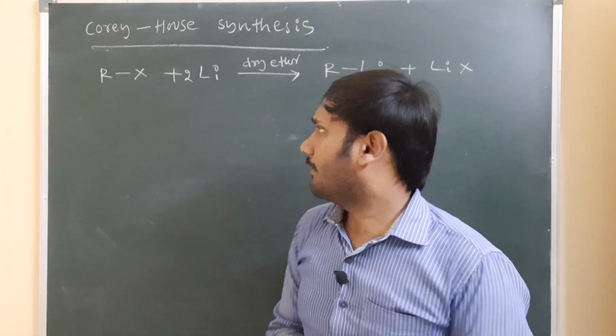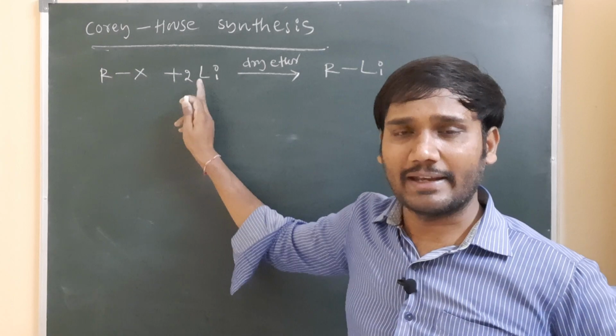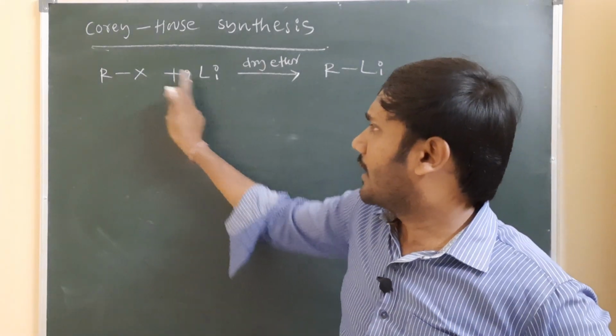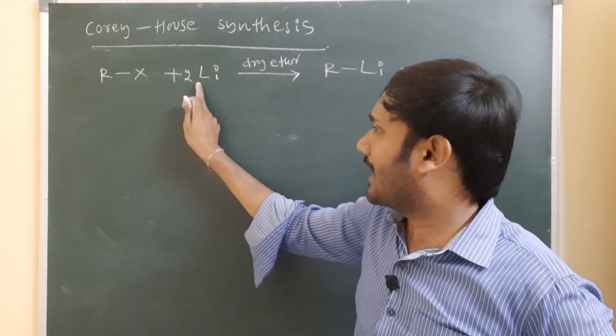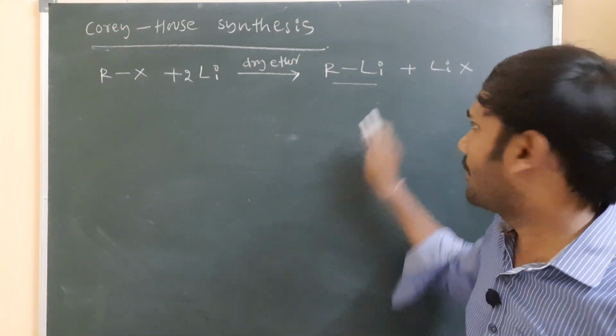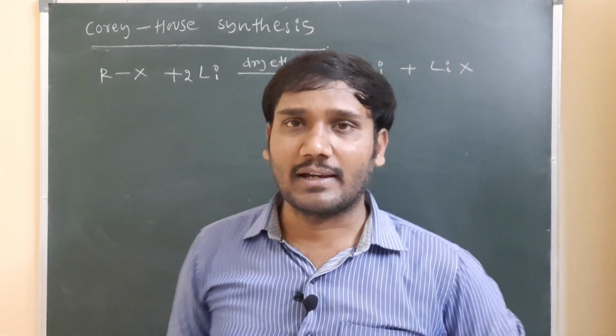Once again, I am taking the alkyl halide, but instead of sodium I am taking lithium in the presence of dry ether. Now this alkyl halide reacts with lithium and is converted to alkyl lithium plus lithium halide.